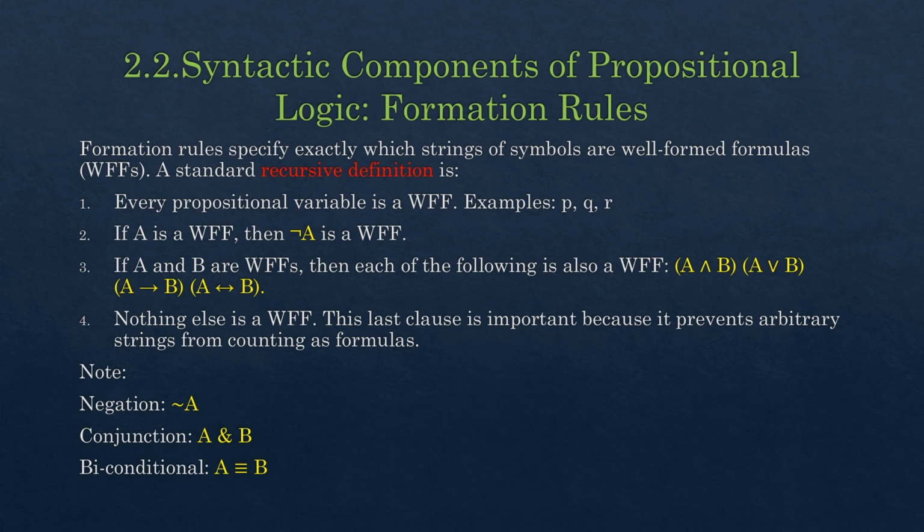And next, if A and B are well-formed formulas, then each of the following is also a well-formed formula: A and B is a well-formed formula, A or B is a well-formed formula, and similarly, if A then B, and A if and only if B are also well-formed formulas.